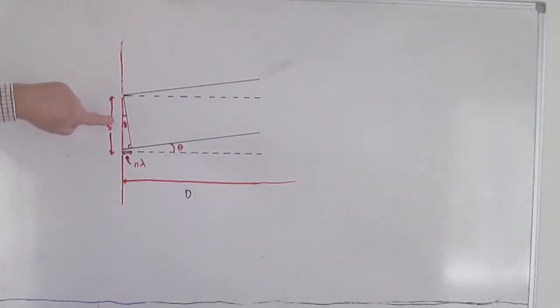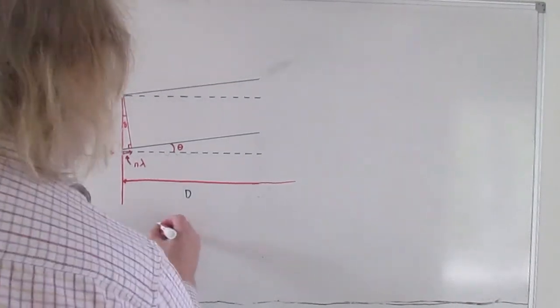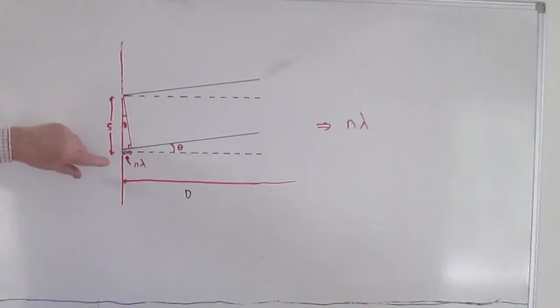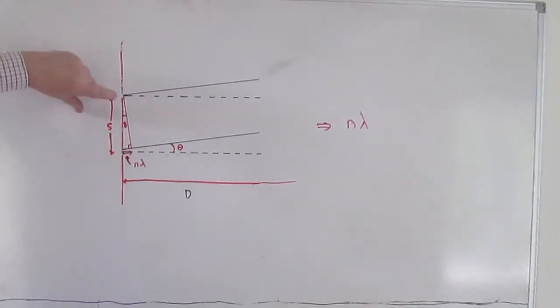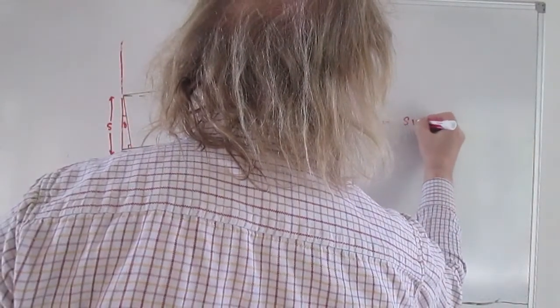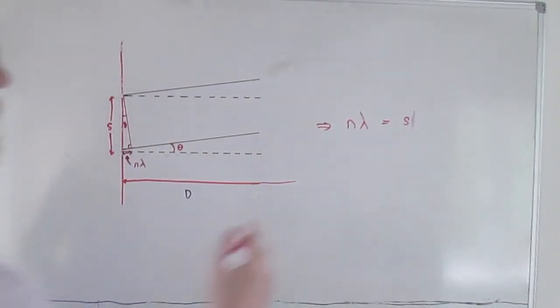which is that n lambda, that distance along there, is equal to the length of the hypotenuse, which is s, because that's this distance here, multiplied by sine theta.